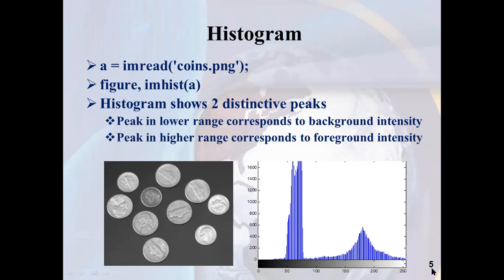So this is the histogram. And here we can see a peak on the lower range. This peak on the lower range corresponds to the background intensity. And also we have another peak at the higher value that represents the foreground intensity. This peak corresponds to the black color. So the number of black pixels is popular here.